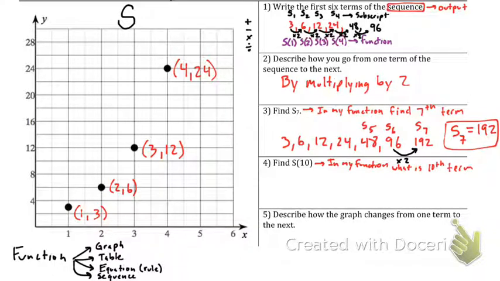Okay, so doing that pattern again, we got 3, 6, 12, 24, 48, 96, 192. Hold on, we gotta let some people in. Okay, so can you figure out the 10th term there? Again, if you're struggling, use your calculator.